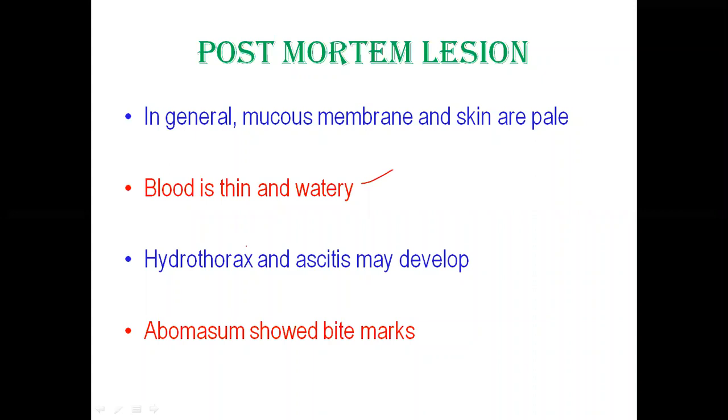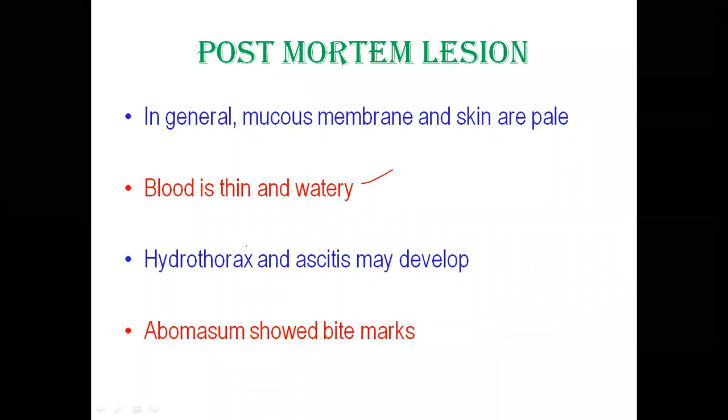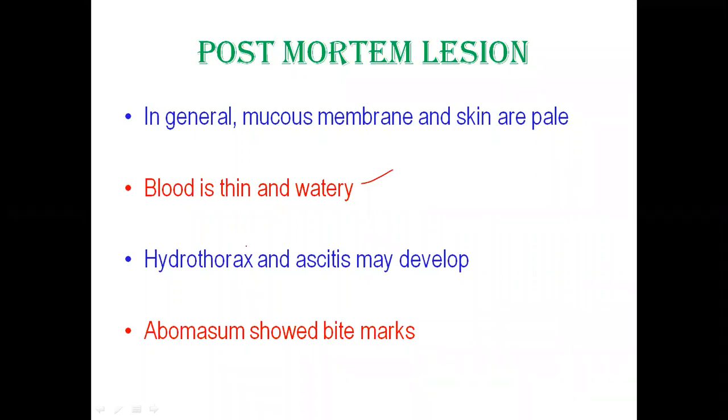Not only that, it will leak out into the thoracic region, hydrothorax, and water in the hydropericardium, or water in the peritoneal cavity, known as ascites. Okay, and the abomasum shows bite marks.